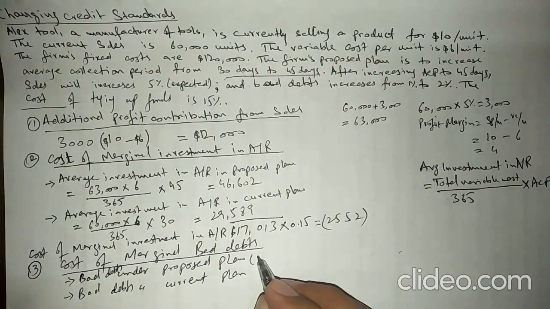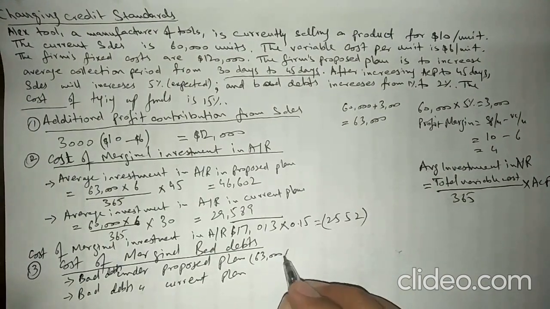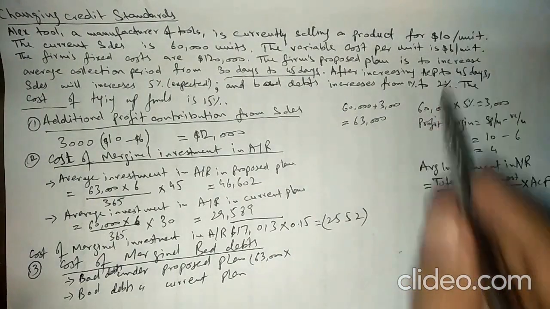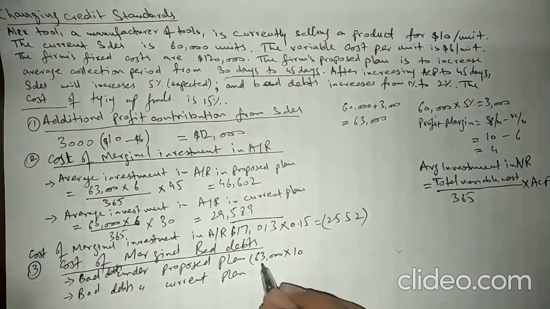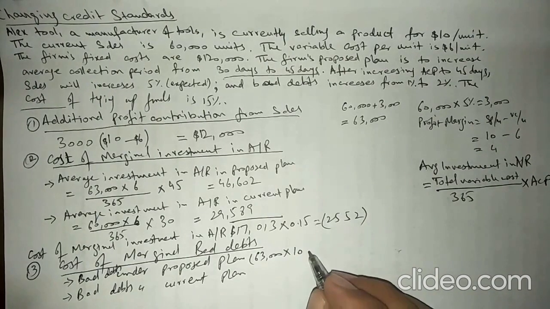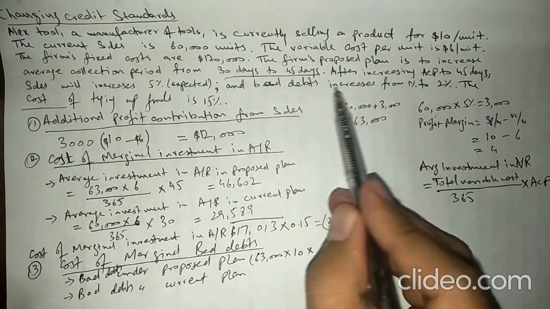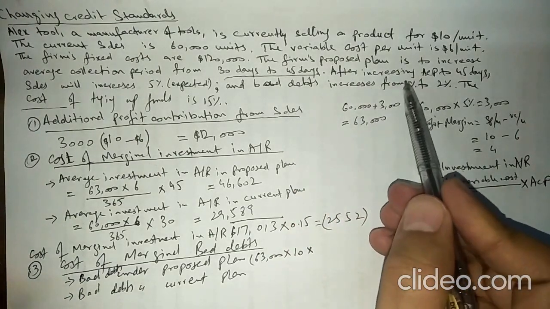Right now in proposed plan we will sell 63,000 units and we will sell every unit at a price of 10. So 63,000 multiplied by 10 is equal to 6,30,000. So our revenue will be 6,30,000. And on whole revenue, our bad debts are right now 1% in current plan.